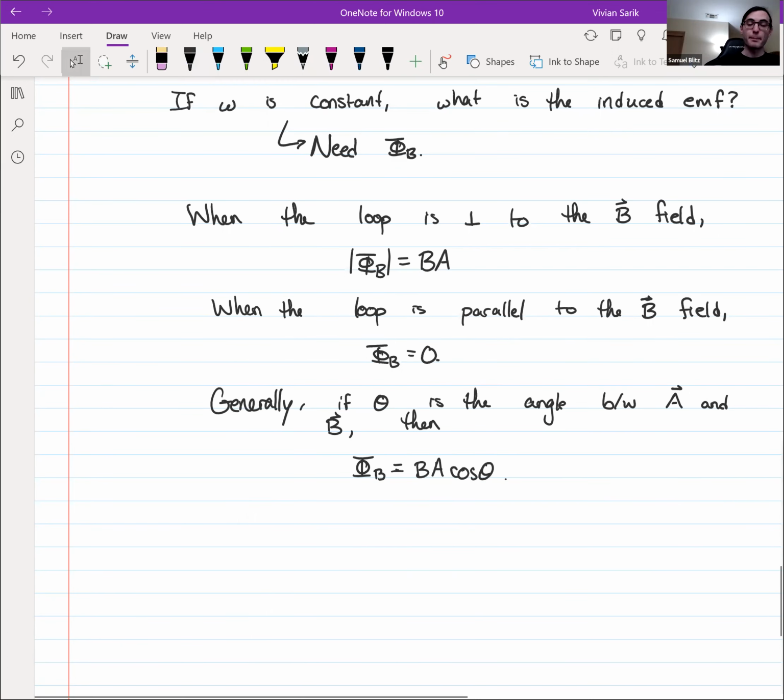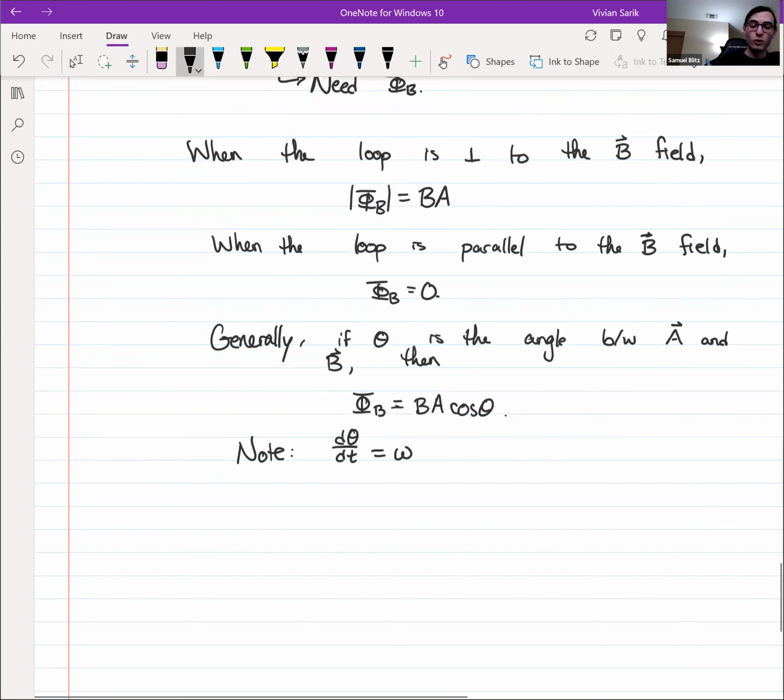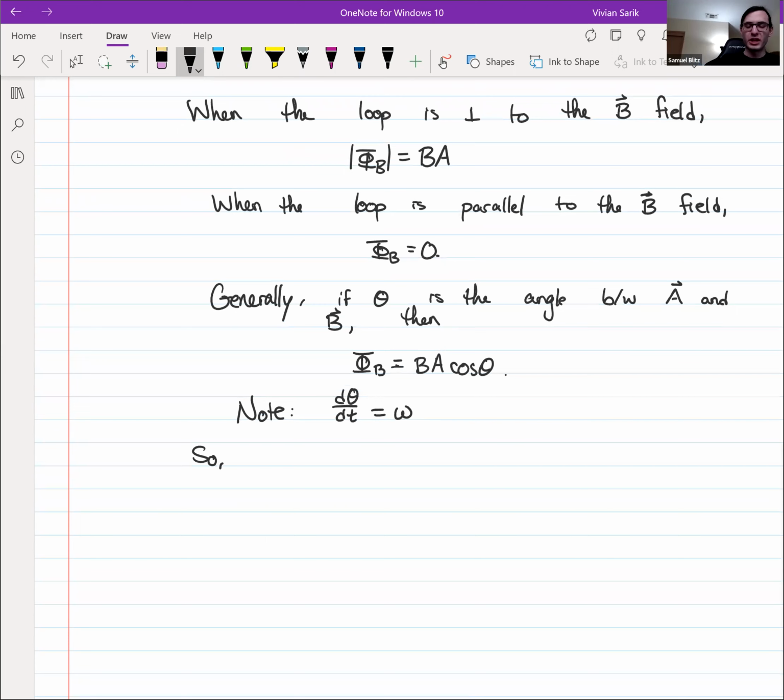The thing to note here is that the angle that the area vector makes with the magnetic field is changing at the same rate that the loop is spinning, right? Which means that the rate of change of the angle is just omega, which is the fixed speed that it's rotating at. So we can use this to compute the EMF.